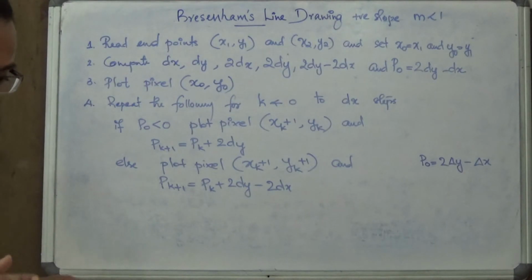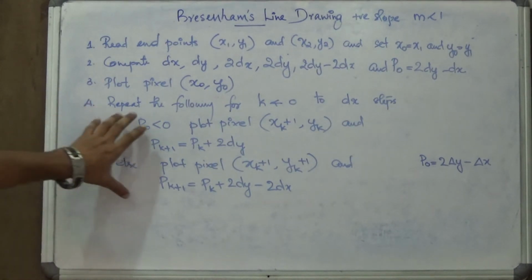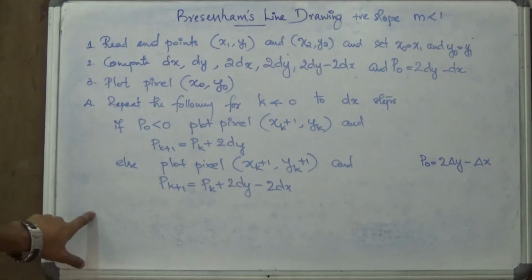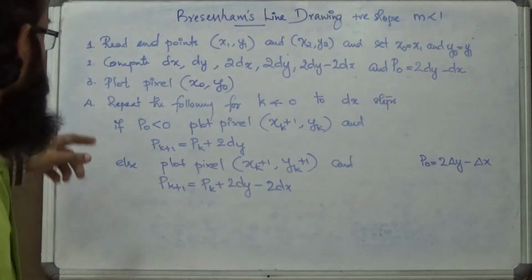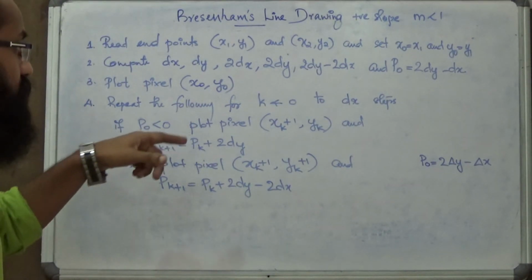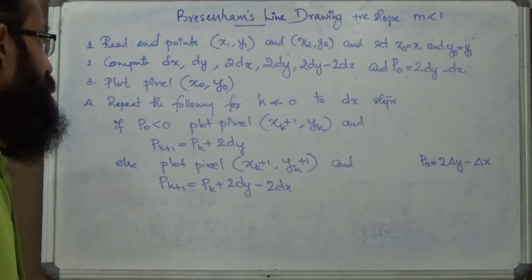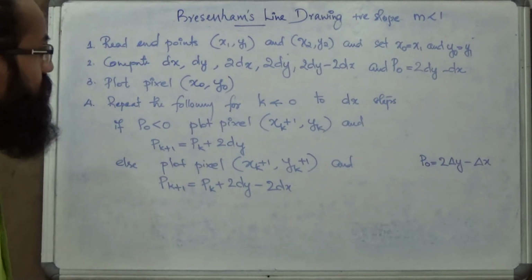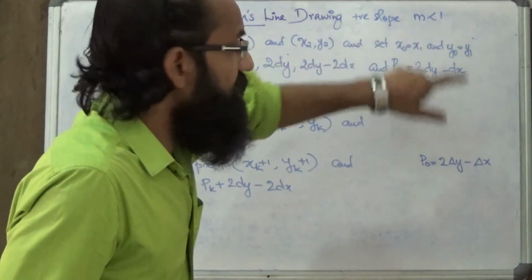This is the basic outline of Bresenham's line drawing algorithm. You can treat this as the 4th step, and as the 5th step you can write: repeat step 4 for k varying from 0 to dx times. So dx steps. This works for a line with positive slope with m less than 1.